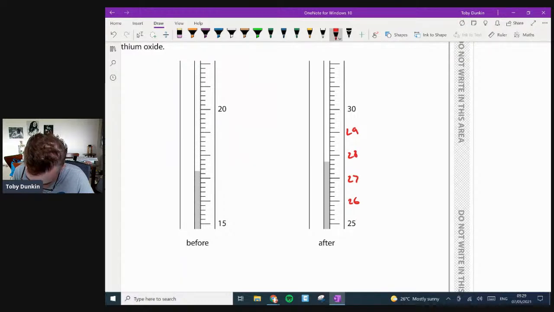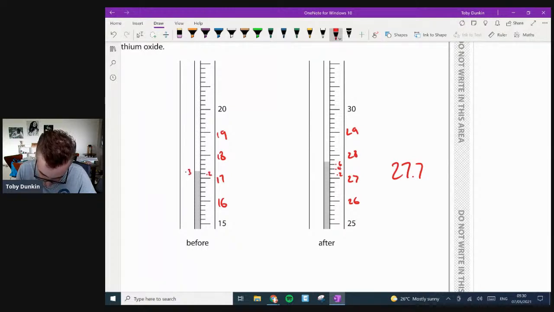So this is going to be 0.2, 0.4, 0.6. That's going to be 0.7. 27.7. Next, this one's 15, 16, 17, 18, 19. This is starting off at 17.2. 17.3. So 17.3. There we go.